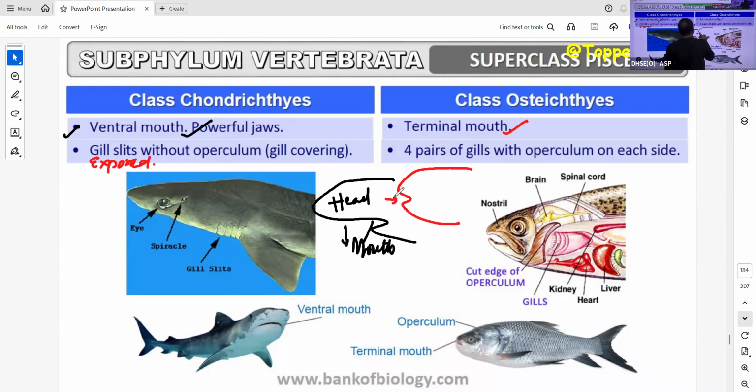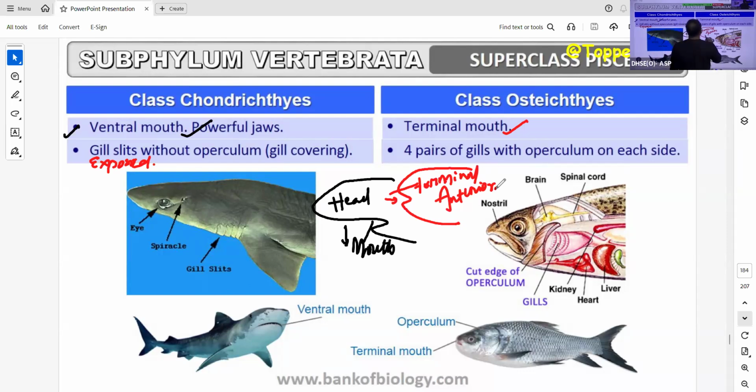So this mouth is terminal, anterior. ठीक है, Chondrichthyes के case में mouth was lower, in the ventral side, whereas इनके case में ये terminal है. Hence osteichthyes, bony fishes have a terminal mouth.